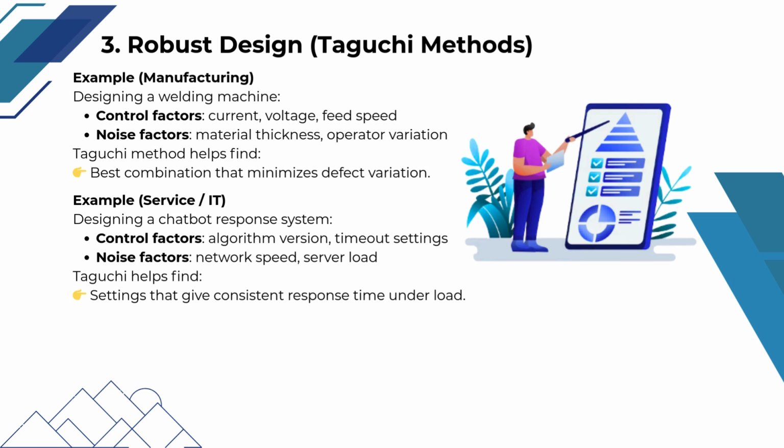In service or IT, designing a chatbot response system involves control factors such as algorithm version and timeout settings, with noise factors like network speed and server load. Taguchi analysis helps determine the settings that deliver consistent response times even under varying conditions, improving reliability and user experience.